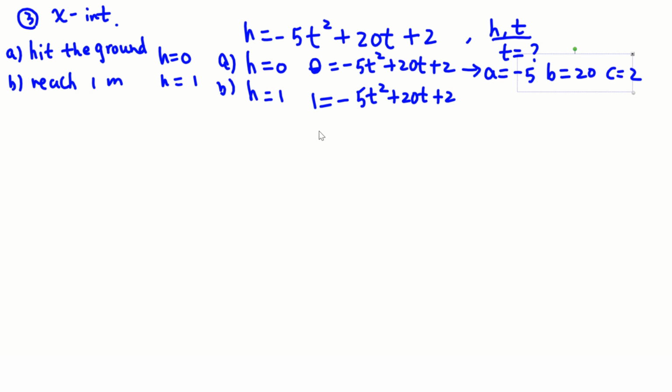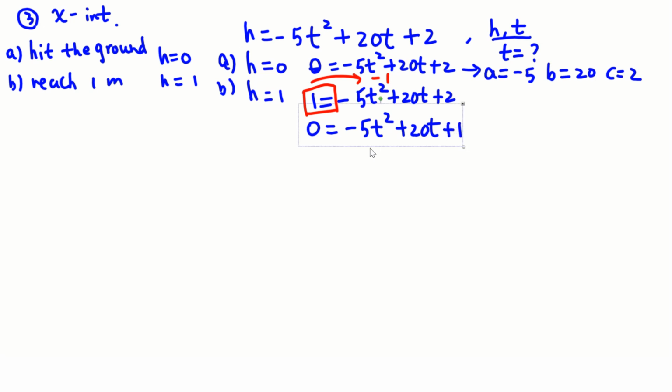And for the second one, make sure when we want to solve a quadratic equation, one side must be 0. So we need to move the 1 to the other side. Then you have 0 equals negative 5t squared plus 20t, 2 minus 1 gives you plus 1. Then a equals negative 5, b equals 20, c equals 1.